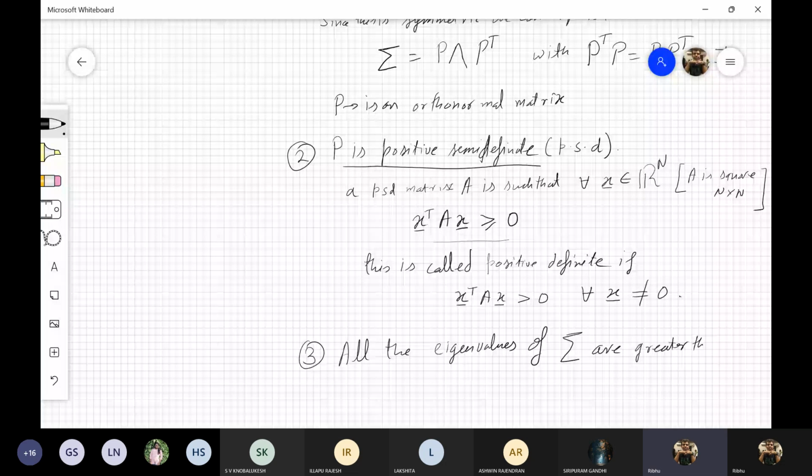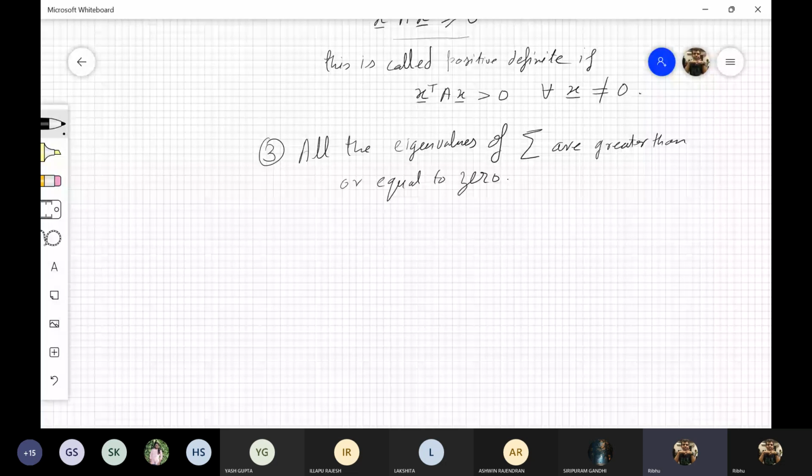Yes, sir, if P is a positive semi-definite matrix, then can we say that sigma is also PSD? Not P, sorry, sigma is PSD. Correct it. Thank you. So now is it okay?